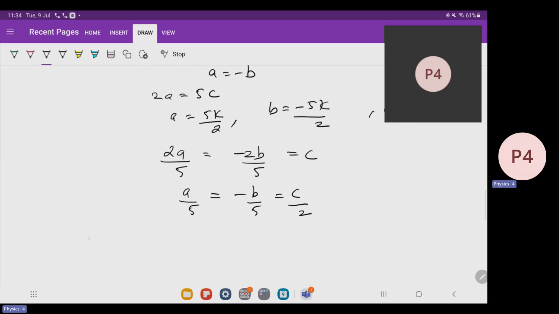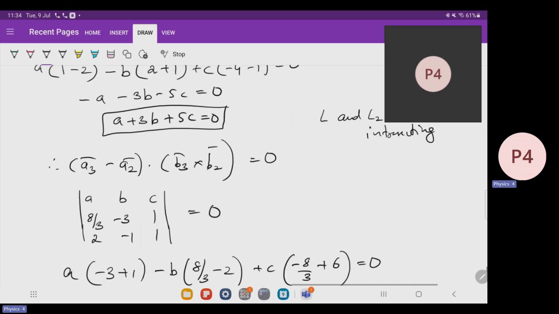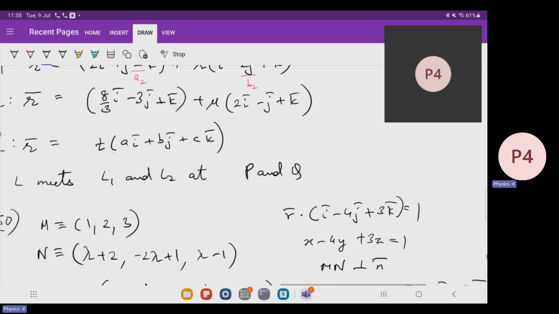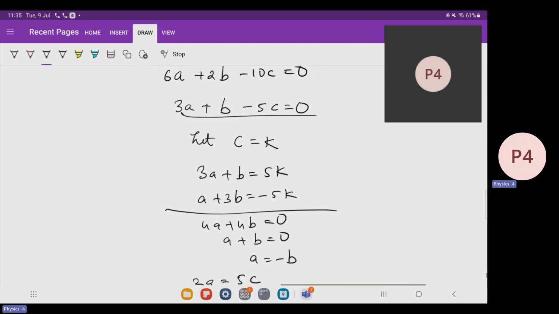So one of the values satisfying this A, B, C we can take as, if you take this as 1, then you will get 5, minus 5 and 2. So this can be taken as one of the values, or one of the DRs of the vector. Remember, this is a normal, it's a parallel vector, so any proportional values of A, B, C we can take.